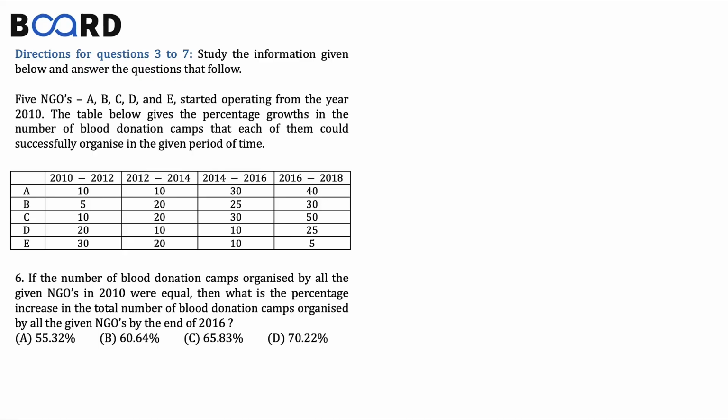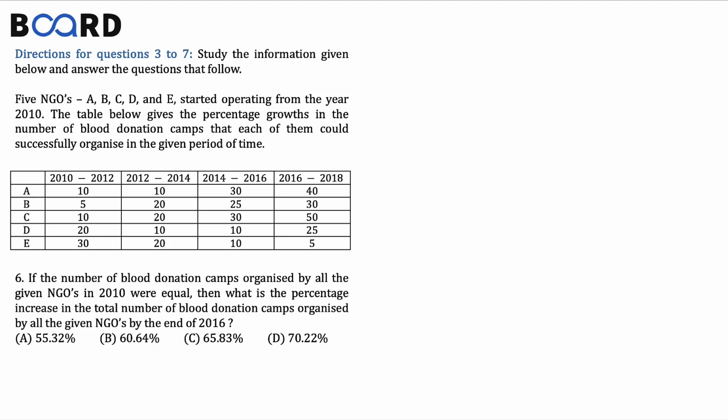Next, let's move to question number 6. If the number of blood donation camps organized by all the given NGOs in 2010 were equal, lovely. So they are considering every value to be equal in 2010. Then what is the percentage increase in the total number of blood donation camps organized by all the given NGOs by the end of 2016?